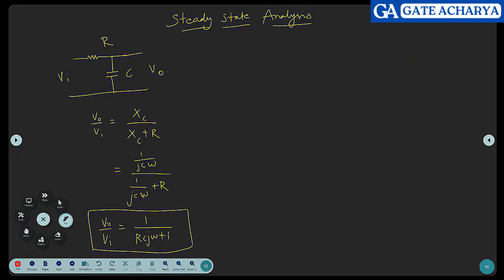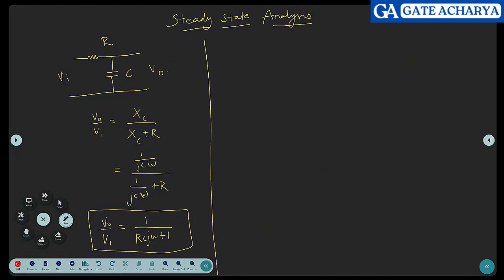Thought I'll take this simple problem, this simple situation, to explain a steady state analysis. Now this is straightforward, nothing great about it.